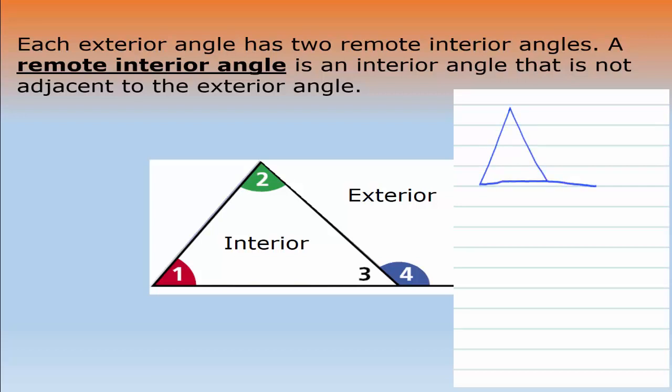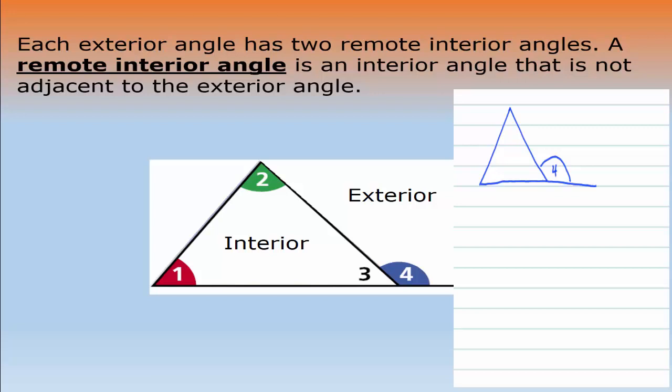And our exterior angle is this angle over here, number 4. It's the angle that's touching the outside of the triangle and connects to the line coming from the triangle.